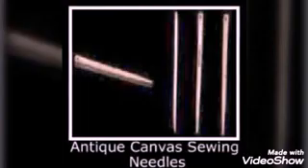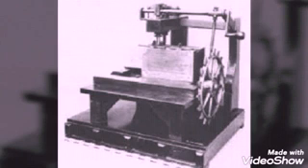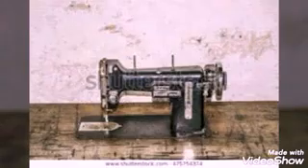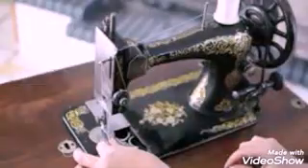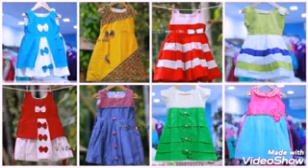Different sizes of needles are available now, and also sewing machines in different models to stitch different designs of dresses. How do we eat a variety of foods all over the country? In the same way, fabrics were also available in more varieties in different regions of the country.